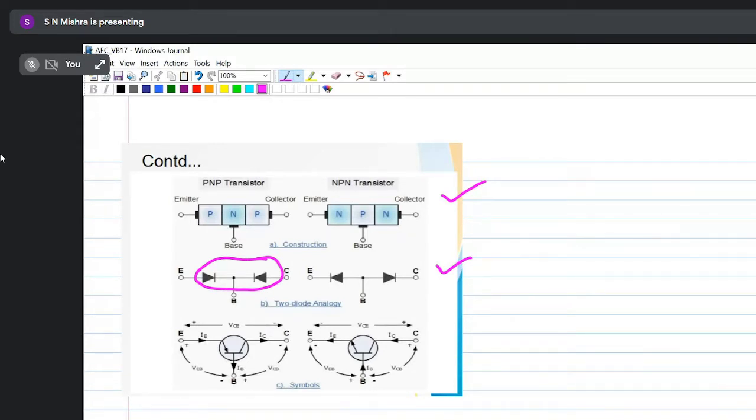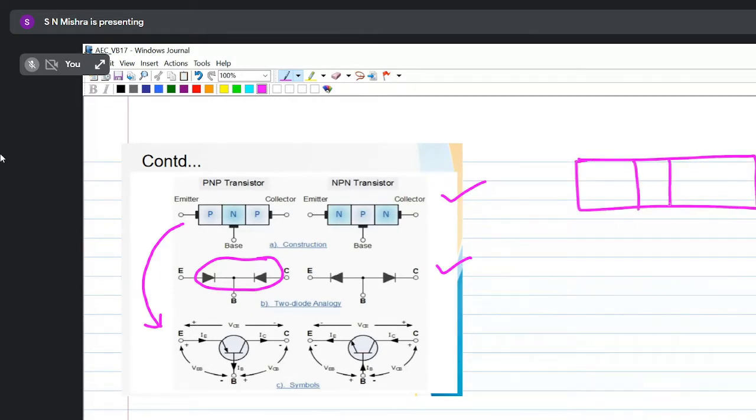Now if I represent the same thing in terms of symbol, it is represented below. First I have shown this is my transistor: P, N, P. This is emitter, this is base, this is collector.